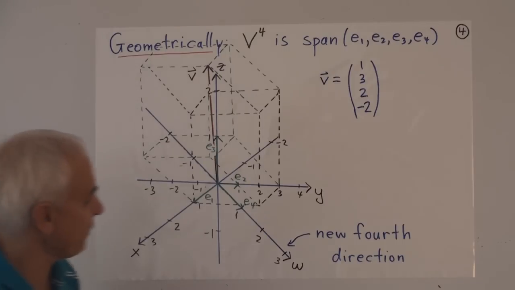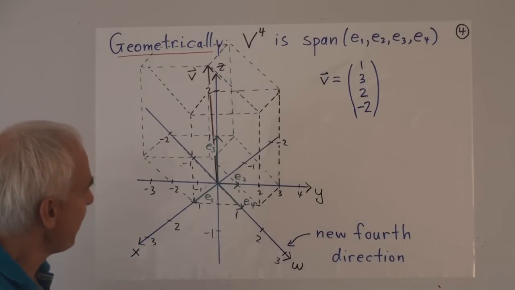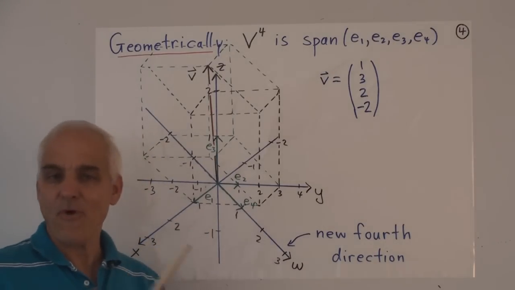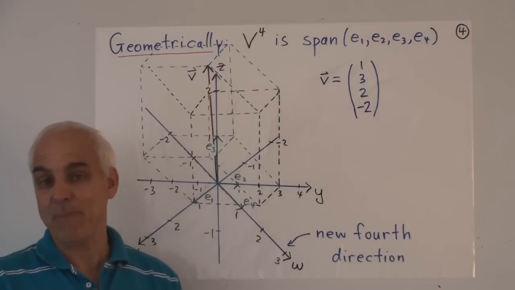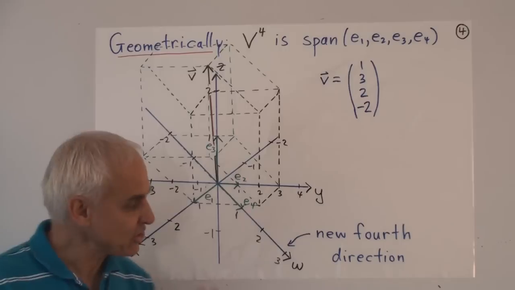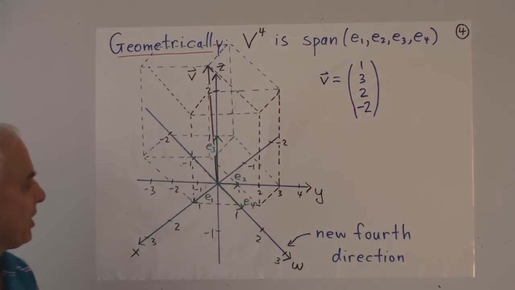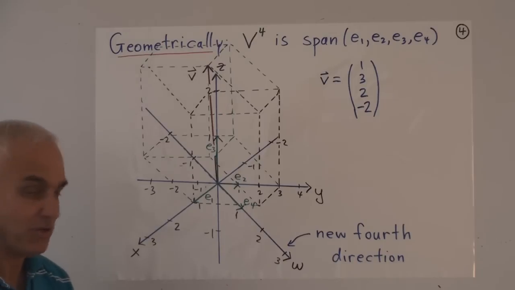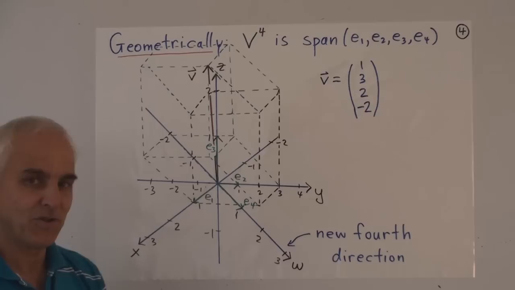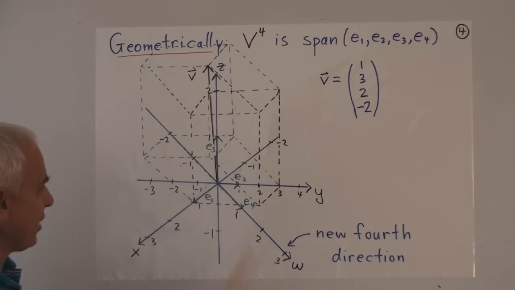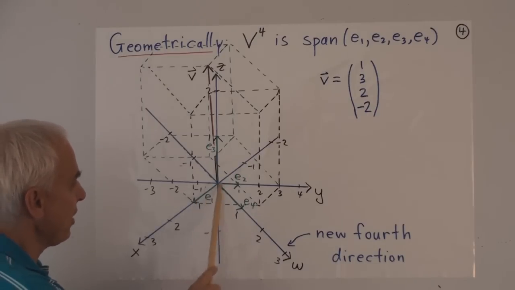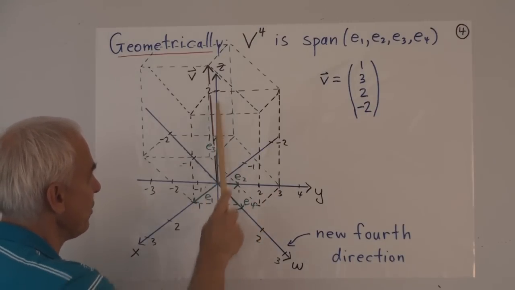So how would we put all of that together? Well, we form the 4-dimensional analog of a parallelepiped. So let's start by just considering the 3-dimensional vector 1, 3, 2. And I remind you what we would do to visualize that. So let's ignore the w direction for a moment, and just think about 1 in this direction, 3 in this direction, and 2 in this direction.